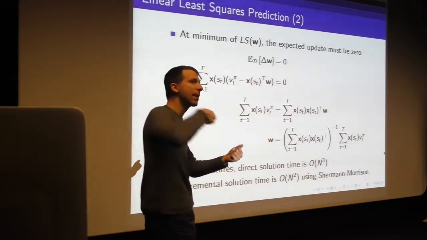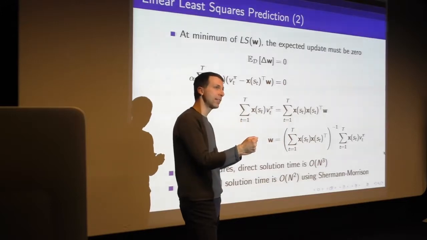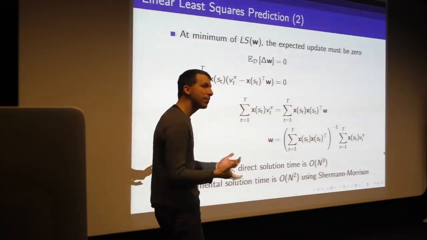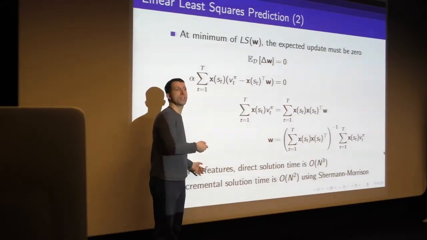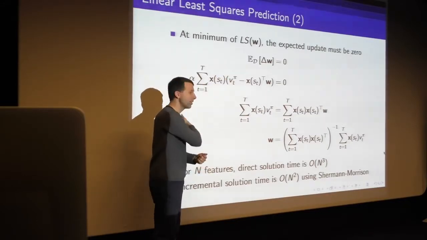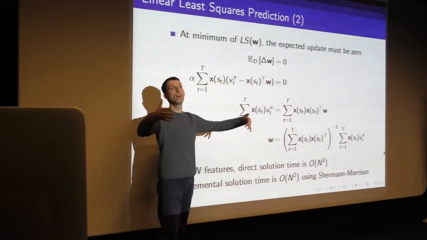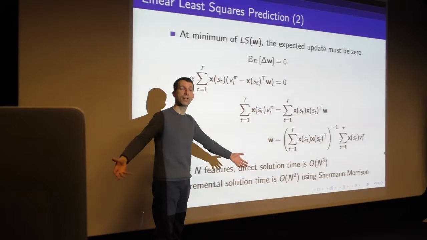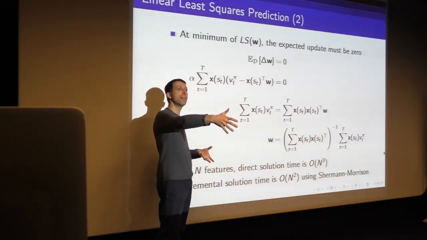In other words, squeeze the maximum juice out of your data with your linear function approximator, find the best weights. And sometimes this is better than experience replay. If you've got a small number of features, but some complicated history of a lot of experience, this might be cheaper to do. If you've got a lot of features, it might actually be better to do experience replay. You might get closer to the solution by doing some amount of experience replay.